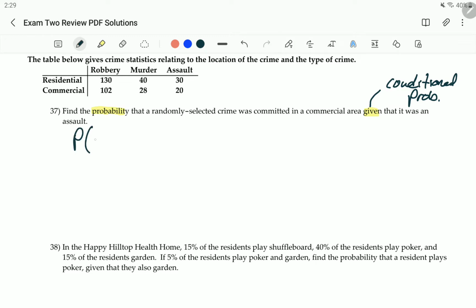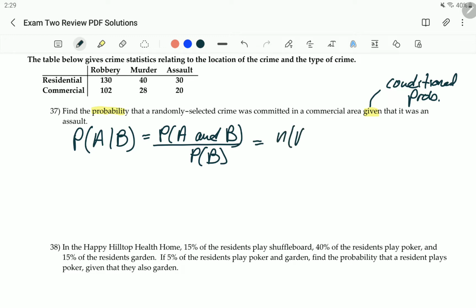The probability of event A, given the fact that B has occurred, equals the probability of A and B divided by the probability of B. This is also equal to the total of A and B divided by the total of B. A hint that I want to give you guys is whatever the category is after the given symbol, this will be placed in your denominator solely.